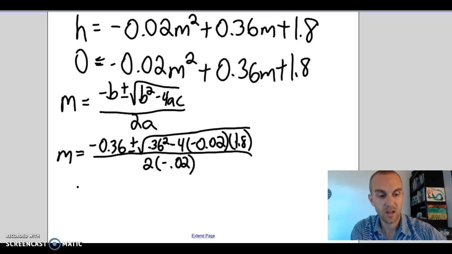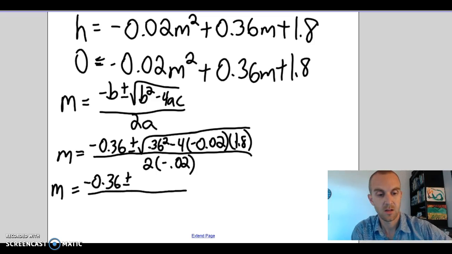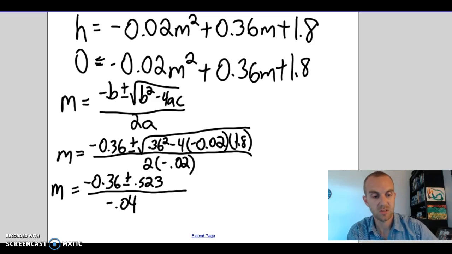And then I could use my calculator to help me simplify these arithmetic statements so that I have negative 36 hundredths plus or minus, if I simplify that, about 523 thousandths, and this will be all over negative 4 hundredths.